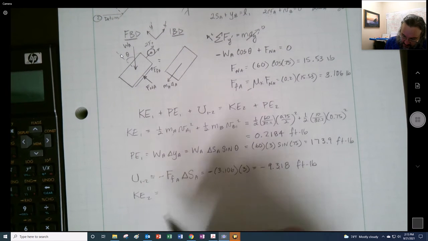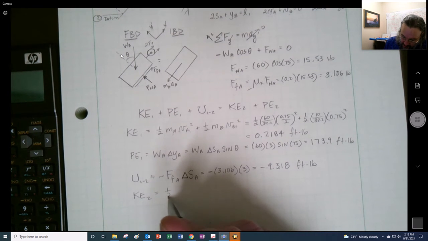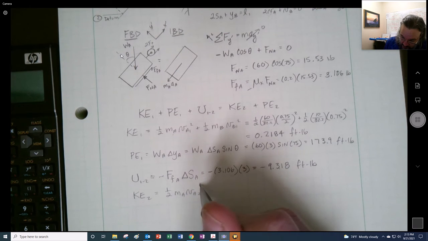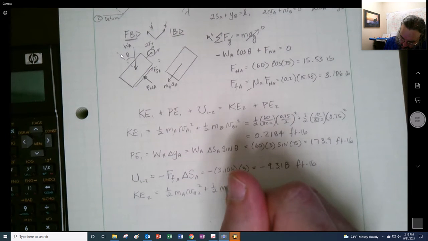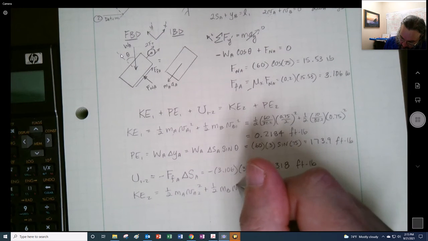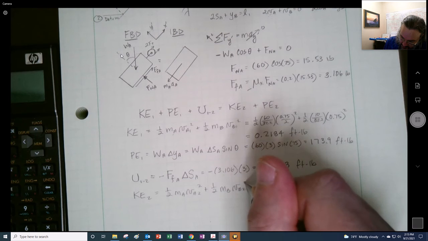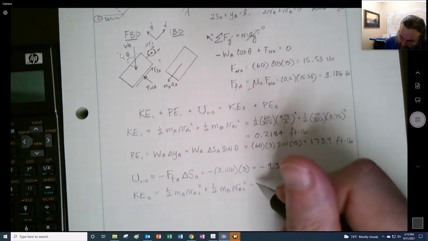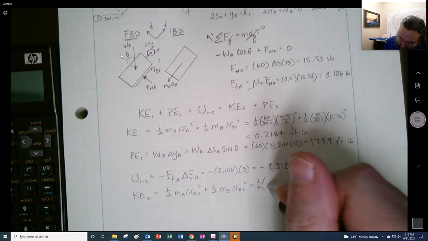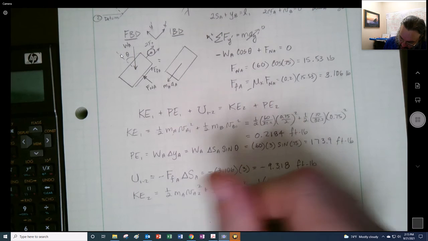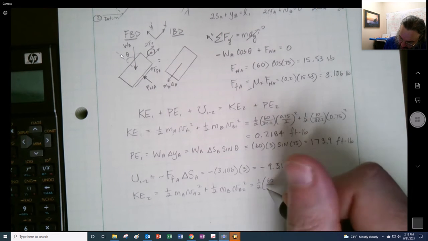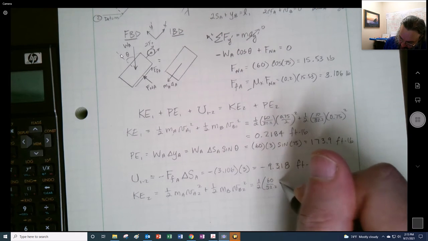Kinetic energy at state 2 is going to be 1/2 m_A V_A2 squared plus 1/2 m_B V_B2 squared. All right, so we'll write a lot of this out, but we don't know the velocity, which is what we're trying to solve for.